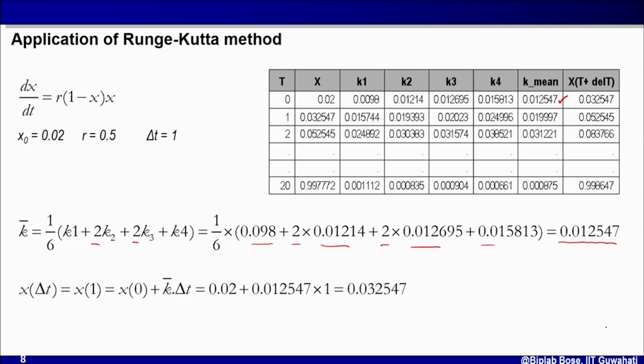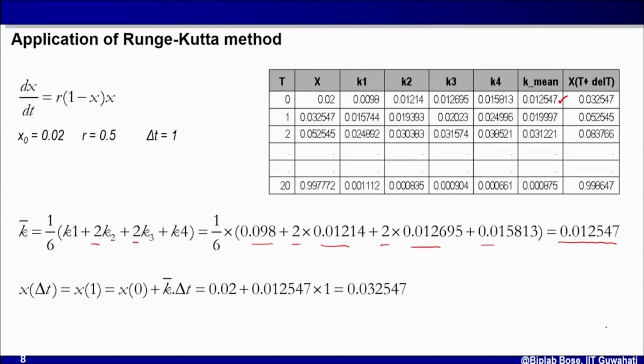So if I now increment time by delta t using this mean slope, I will get a new value of x at t plus delta t. So t was 0, the initial time is 0. So the value of x at delta t is equal to x at 0 plus the mean slope into delta t, where delta t is 1.